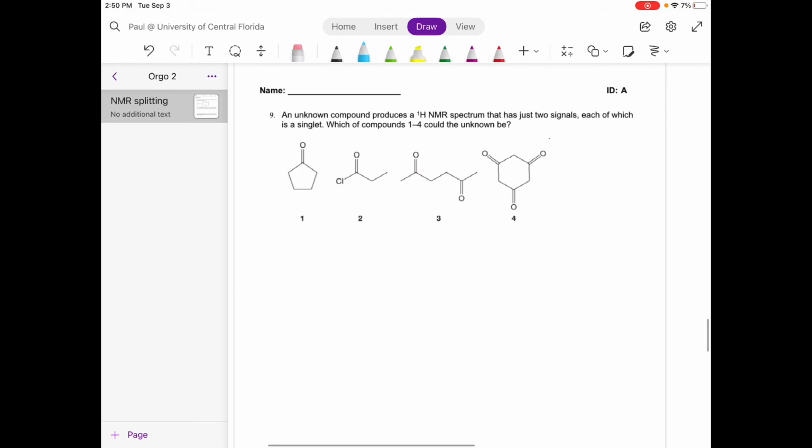Okay, taking a look at these. So an unknown compound produces a proton NMR spectrum that has just 2 signals, each of which is a singlet.